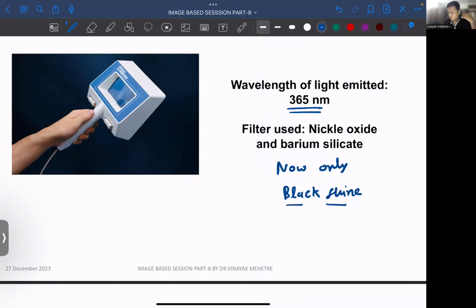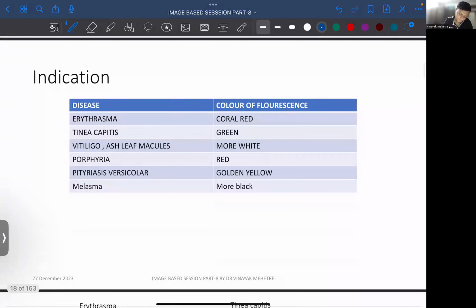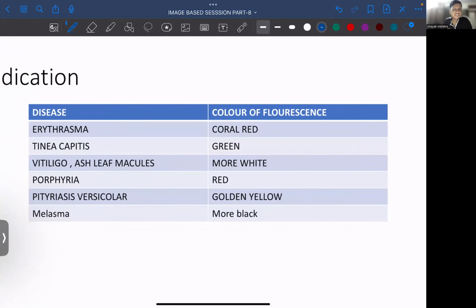Now tell me, coral red color on Wood's lamp is seen in which disease? Green color? Okay, coral red is seen in erythrasma. Green color is seen in tinea capitis. Vitiligo is white, so we will see white. Porphyria, red.